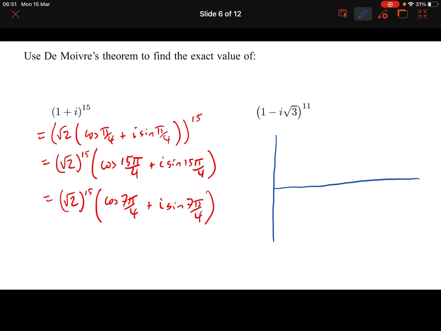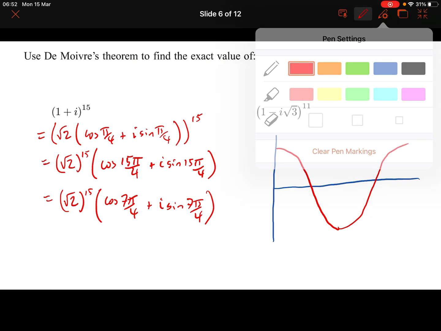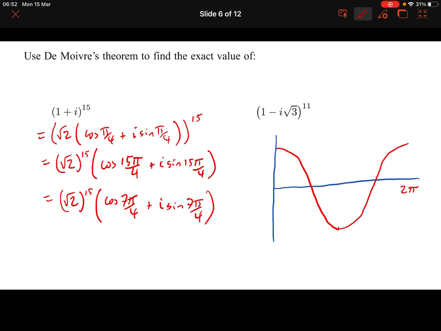Cosine looks like this. If this is 2 pi, well, 7 pi over 4 is here. That's a distance of pi over 4 from there, so it's going to be exactly the same as cosine of pi over 4.